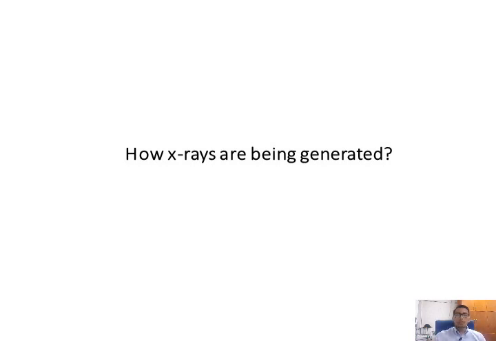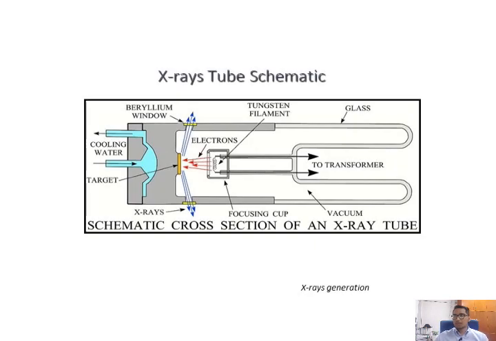As you can see in the X-ray tube schematic in slide number 8, we have a very systematic system in which we have the glass as the front part, and we have a tungsten filament, a beryllium window, cooling water and target metals. Finally, the beryllium window is the door for the X-rays to go out from the system after they are generated.